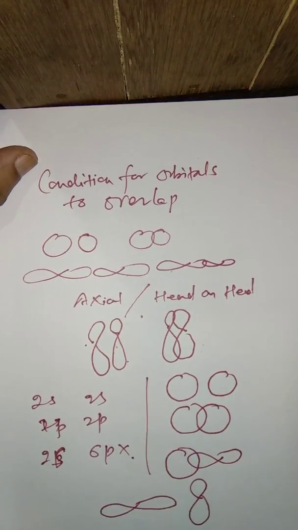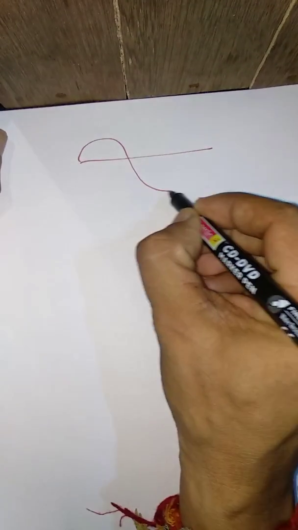And well, the next is we know that the electron in an orbit moves in a wave.